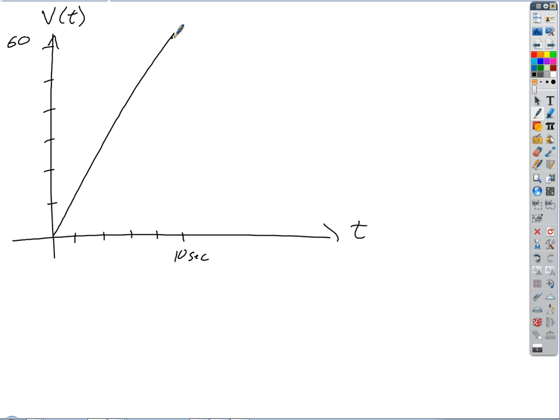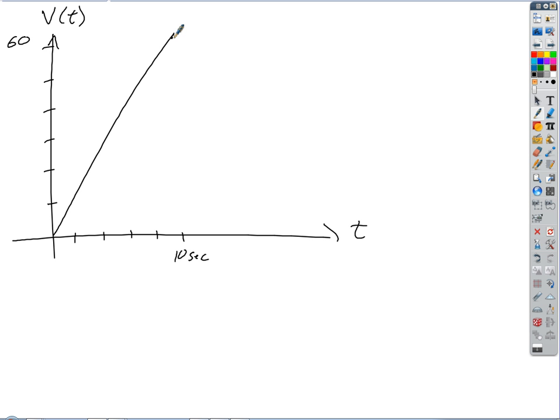It's a property of a velocity time graph that the area under the velocity curve is equal to total displacement.